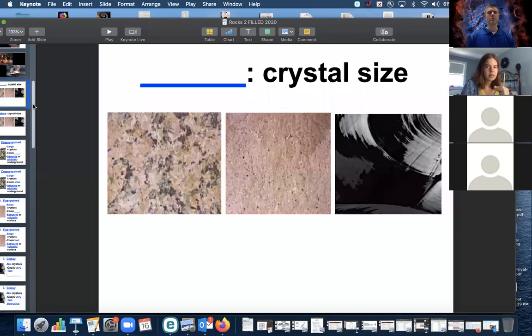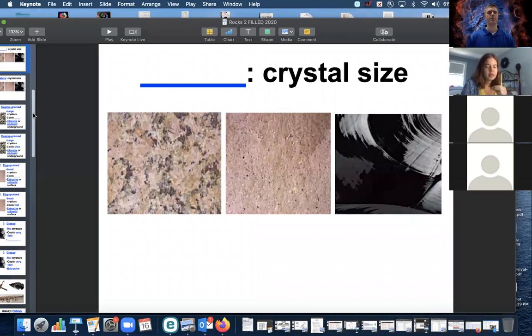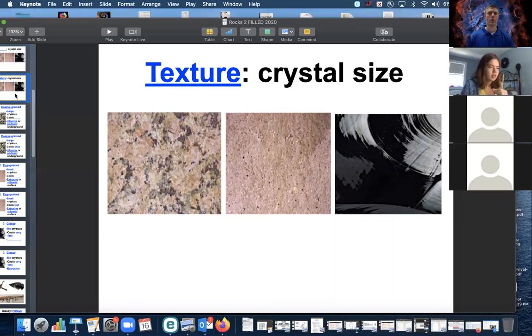All right, so with igneous rocks, especially when it comes to identifying igneous rocks, one of the things that you need to be able to do is to determine the texture. For anybody who's not taking earth and space science, texture means how something feels.